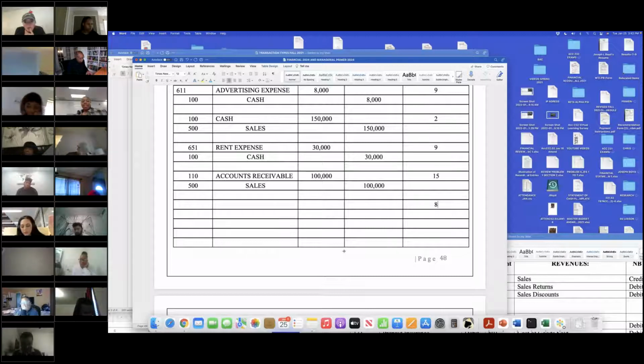We're going to debit accounts payable and credit cash. Accounts payable is what number? 301. Cash is what number? 100. And what was our amount? 5,000.